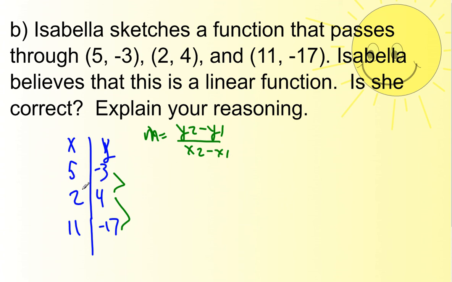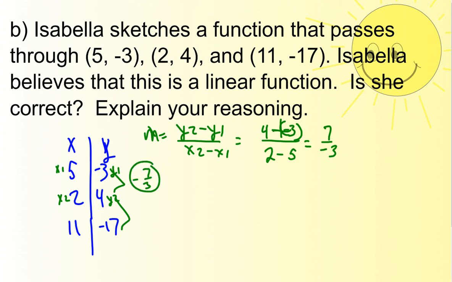So if I'm using these two points, I'll label them x1, y1, x2, y2, which gives me 4 minus -3 over 2 minus 5. Keep, flip, change. That gives me 7 over negative 3. So the slope is negative 7/3 at the beginning.